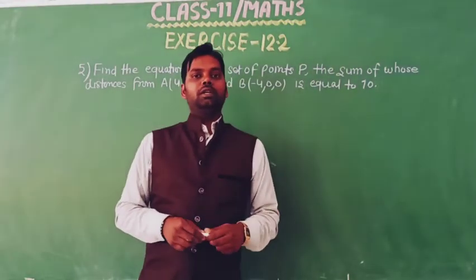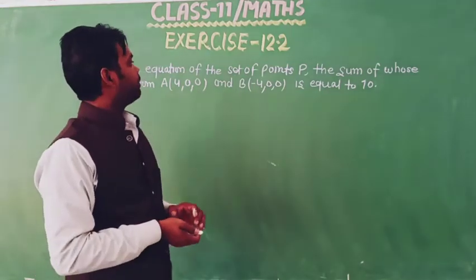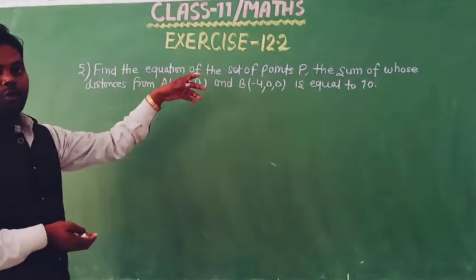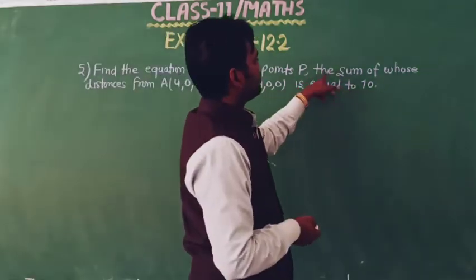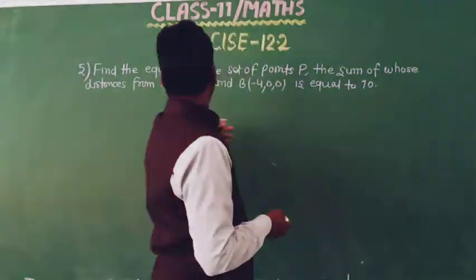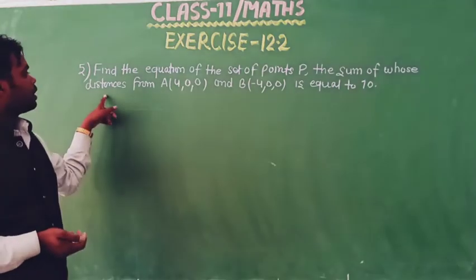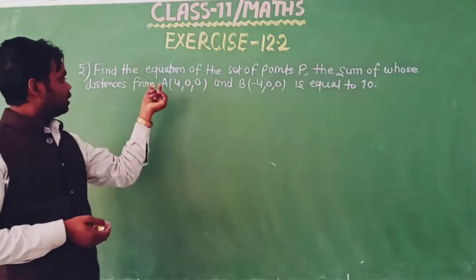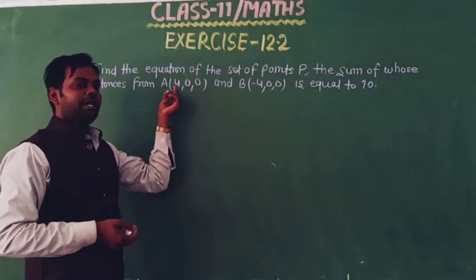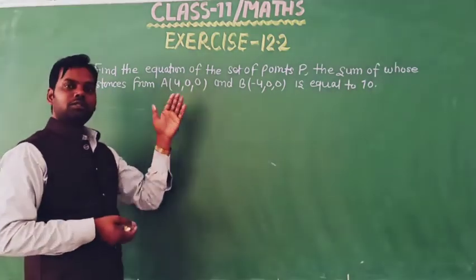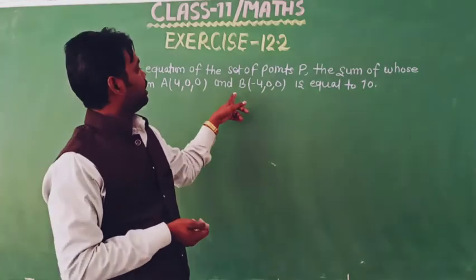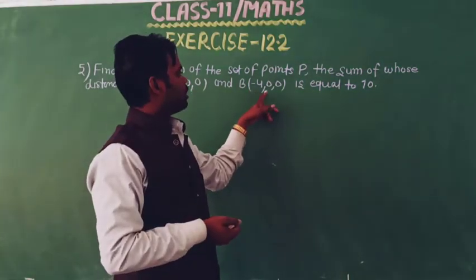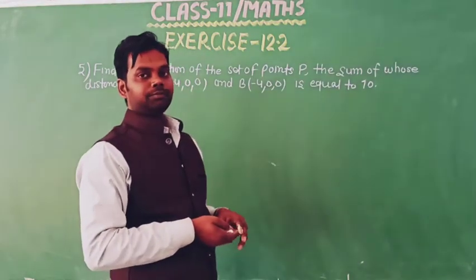Okay student, in question number 5, it has been said: find the equation of the set of points P, the sum of whose distances from a point A whose coordinates are (4, 0, 0) and another point B whose coordinates are (-4, 0, 0) is equal to 10.